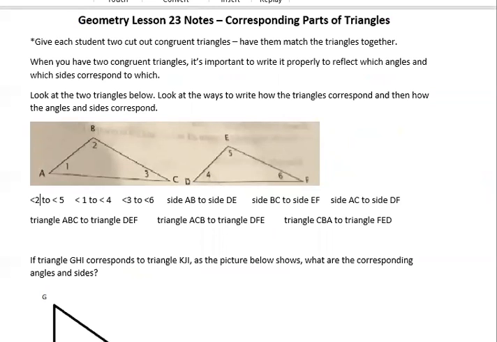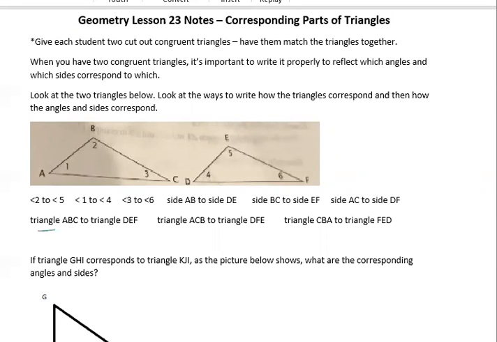So here's another example, two triangles below. Look at the ways to write how the triangles correspond and then how the angles and sides correspond. So I started over here and I said triangle ABC corresponds to triangle DEF. But I could start and go down across the bottom.